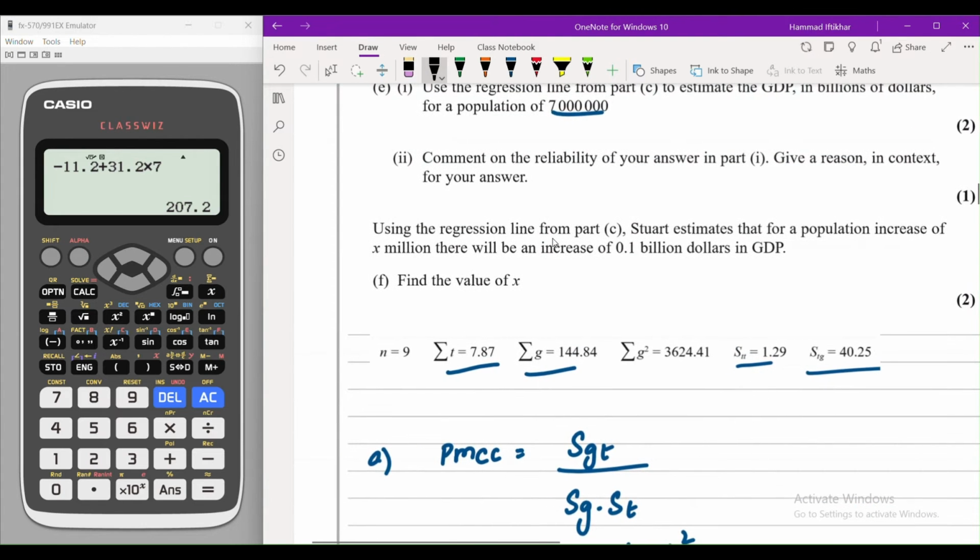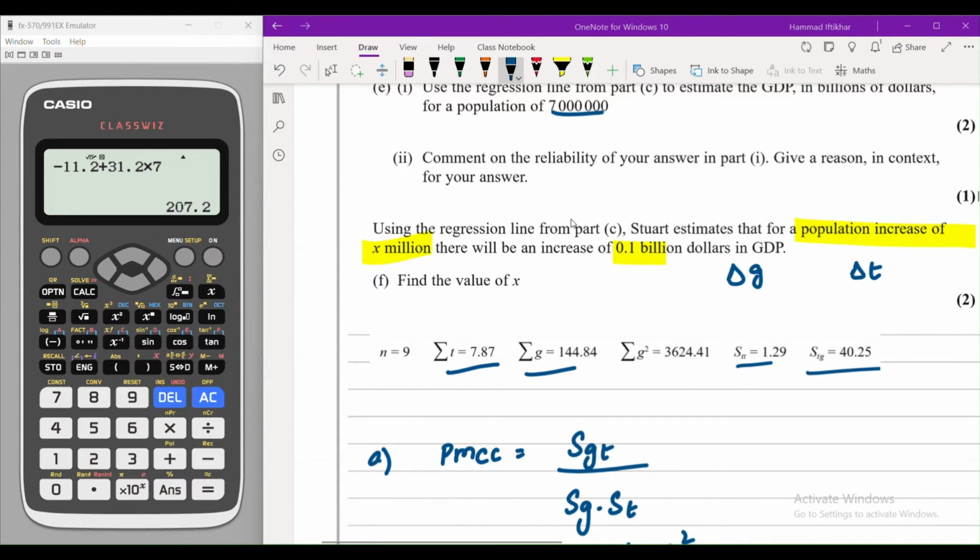Then we have, using this regression line from part C, Stewart estimates that for a population increase of X million, there will be an increase of $0.1 billion in GDP. Okay. So, see, this is not population of X million, this is population increase of X million. Basically they're talking about delta G and delta T over here.